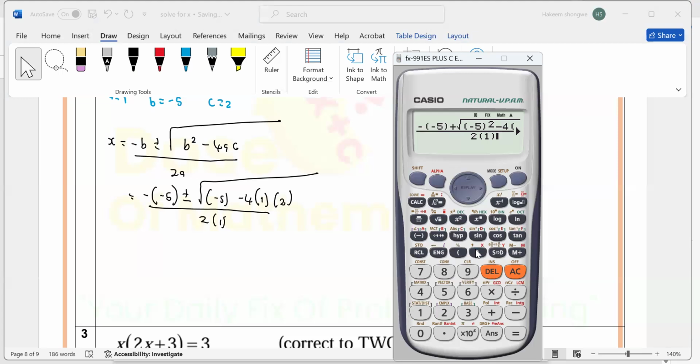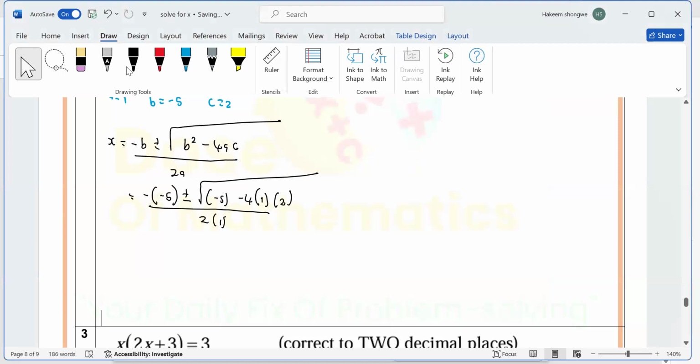Okay, before I press, what did you get first? 5 plus root 17 all over 2. Okay, we get 5 plus root 17. We write that one first.